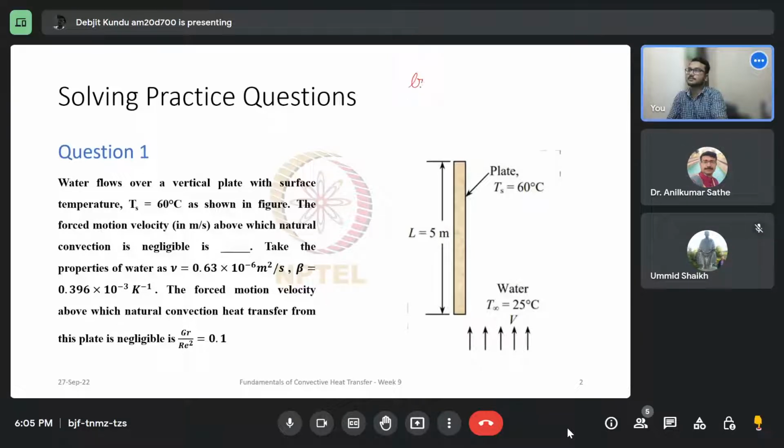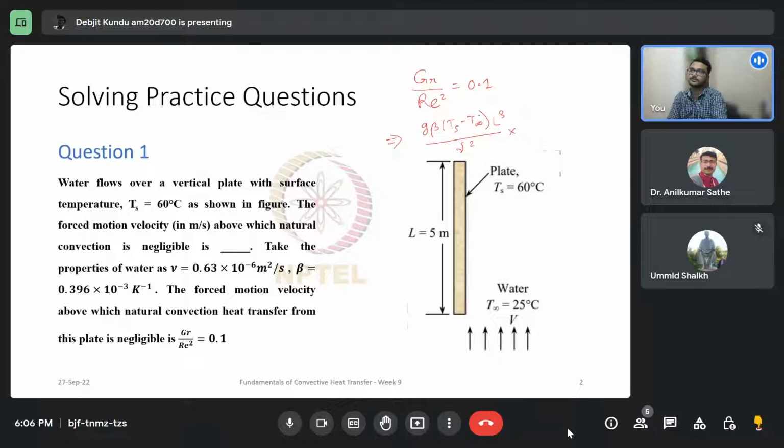So Grashof number by Reynolds number square is 0.1. Now, if we write down everything, Grashof number is g beta delta T, that is Ts minus T infinity, into H cube divided by nu square.